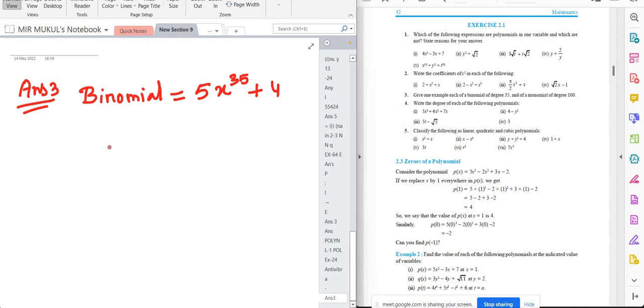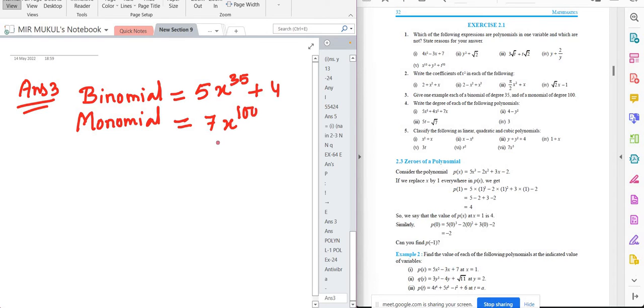And a monomial of degree 100. Monomial has only one term. Power will be 100. Suppose 7 x to the power 100. So it is a monomial and its degree is 100.